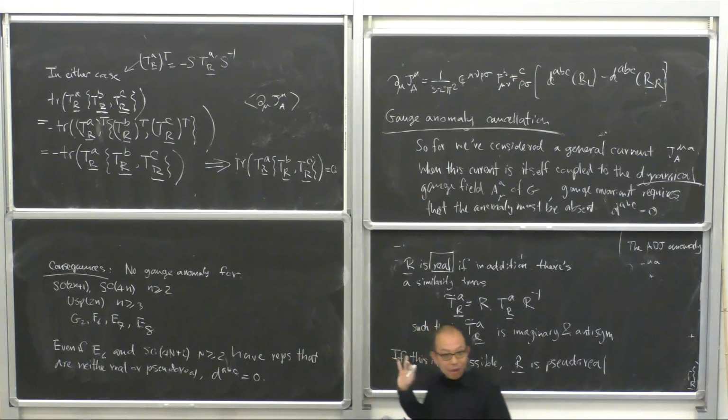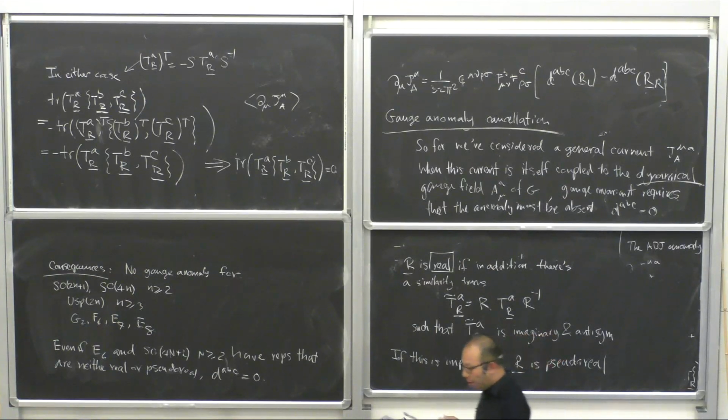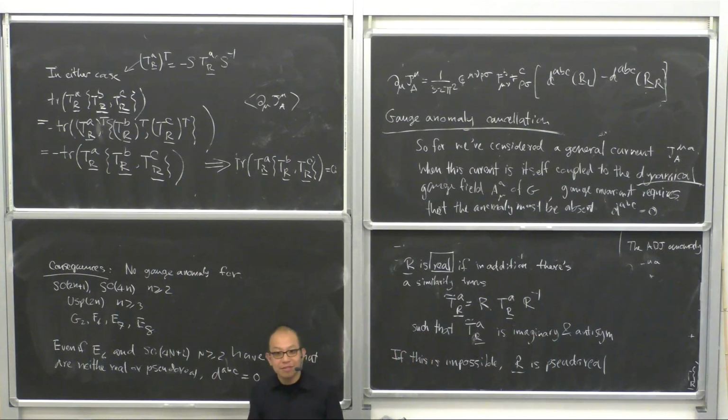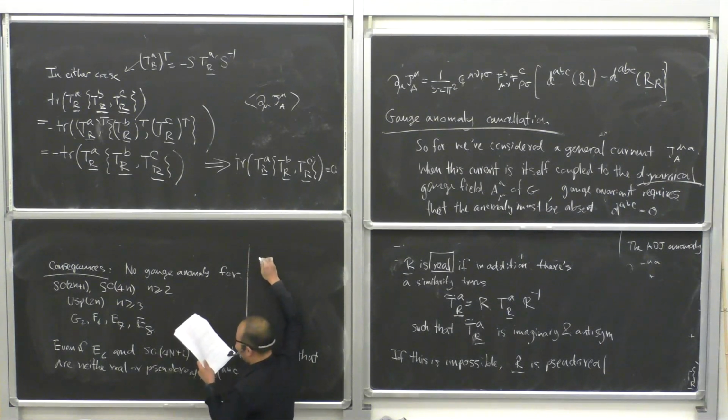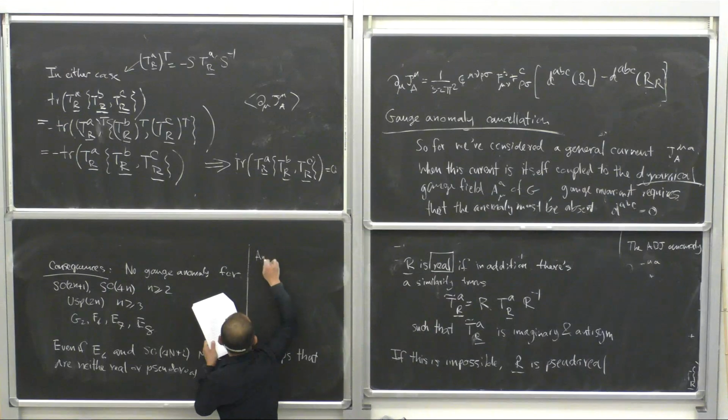So you can forget about these groups. So what is left in your table? SU(N) and U(1).